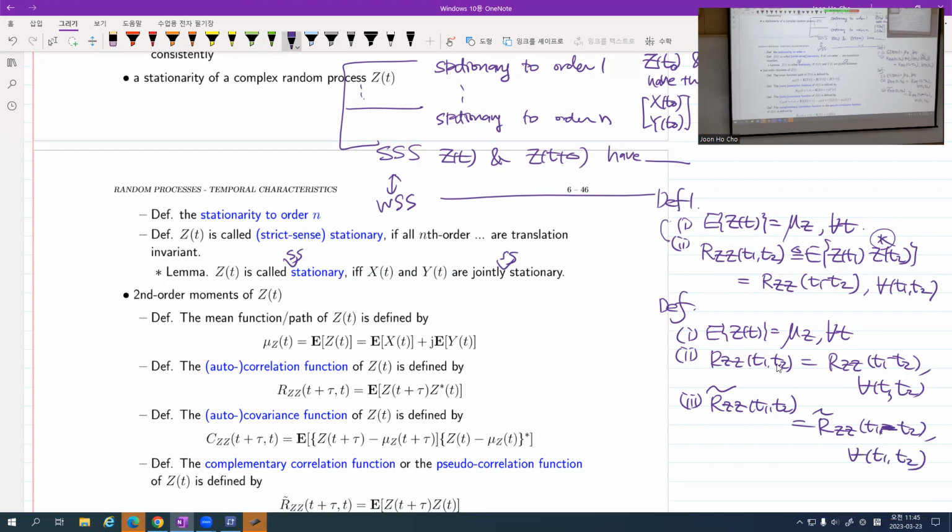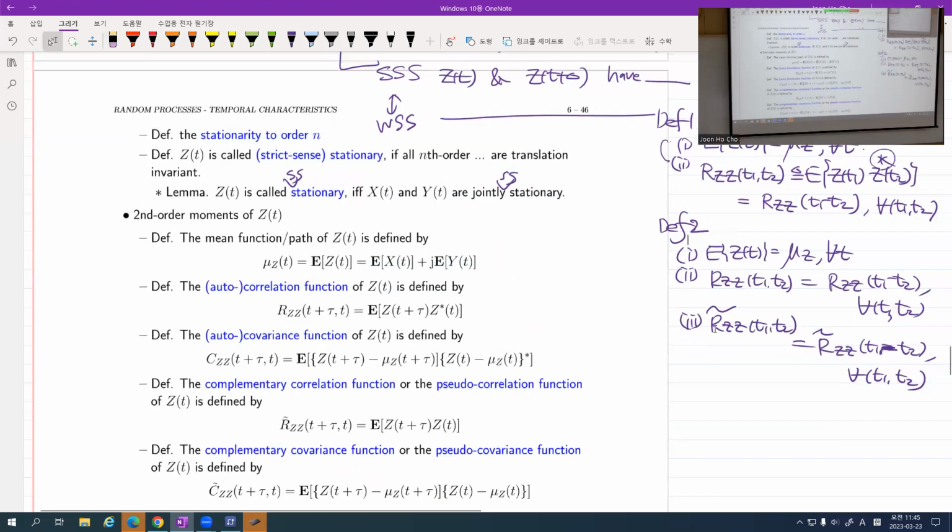Okay, and you can easily show that this second definition is equivalent to the real and imaginary parts being jointly wide-sense stationary random processes, real random processes. Got it?